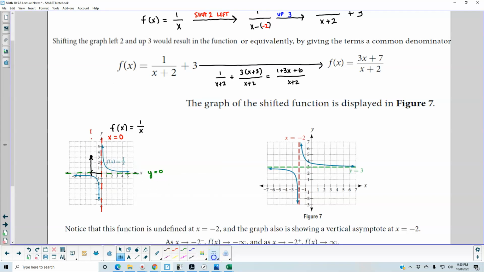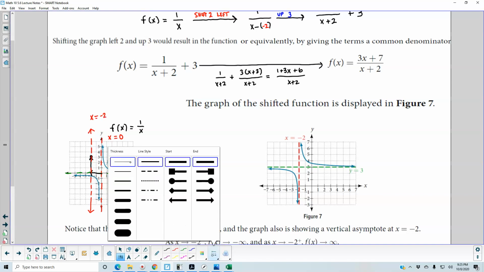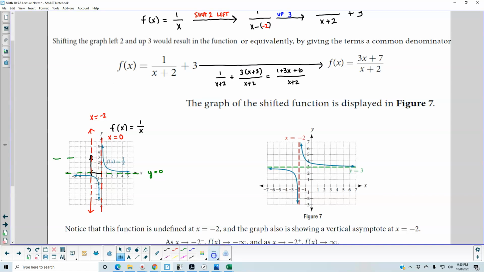So now we're shifting the vertical asymptote to be here, and that goes through x equals negative 2. And now the horizontal asymptote is going to be y is equal to 3. So let's take a look at the graph here on your right hand side.